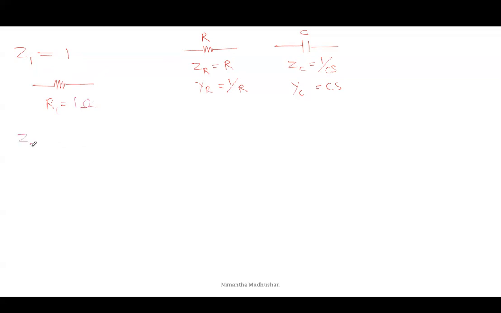Now I consider Z2, it is equal to 3 over 2 times (s plus 1). For this one, I consider the admittance value Y2, which is 2s over 3 plus 2 over 3.